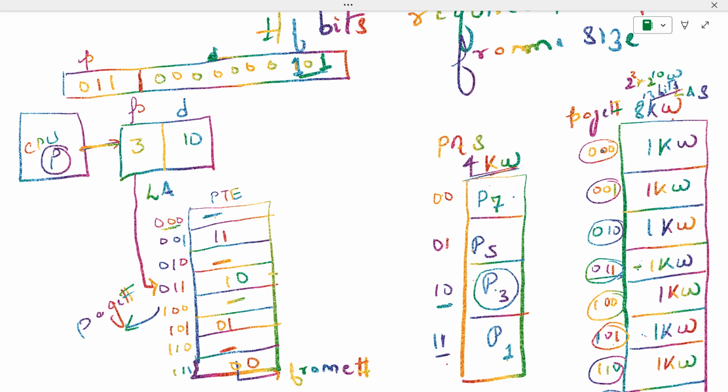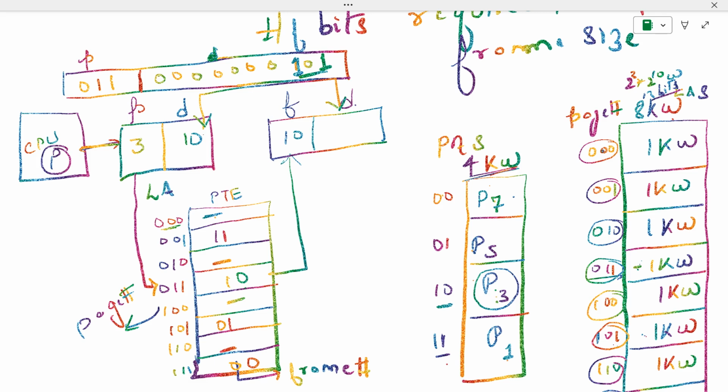So from here it will generate the physical address, which consists of the frame number and the page offset. The frame number will be taken from the page table entry, and the page offset will remain the same because whatever page is present, the instruction will be at the same offset.